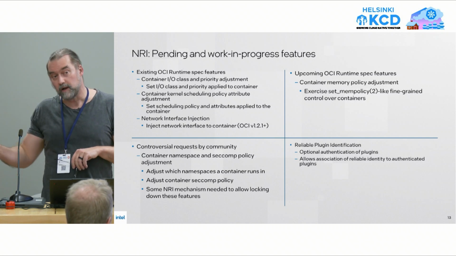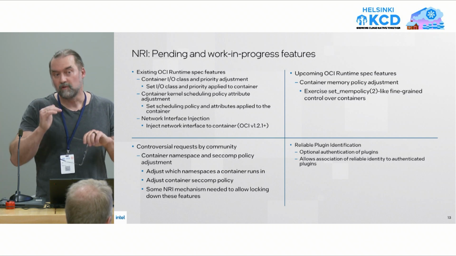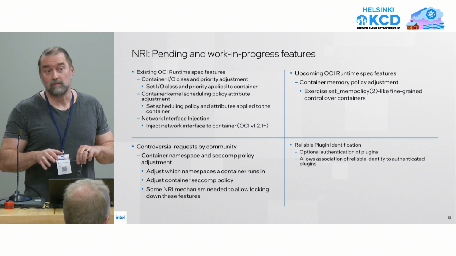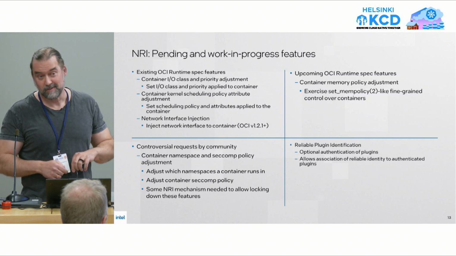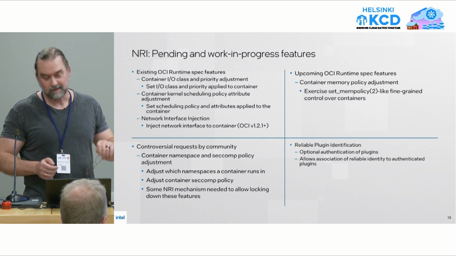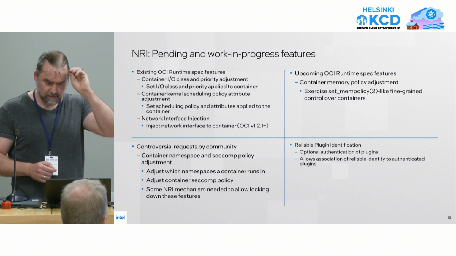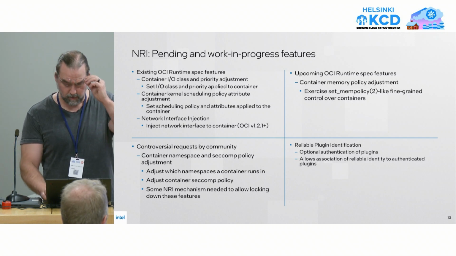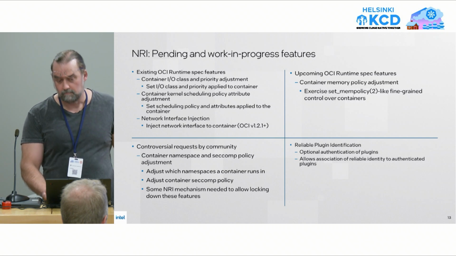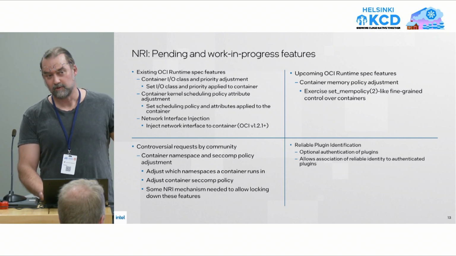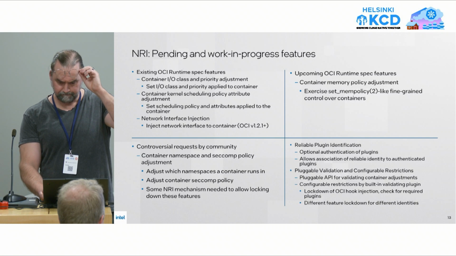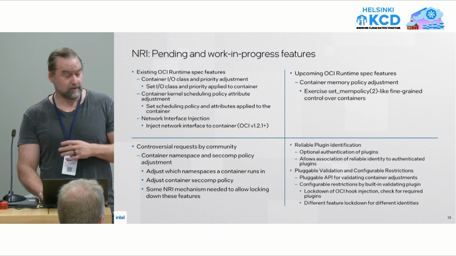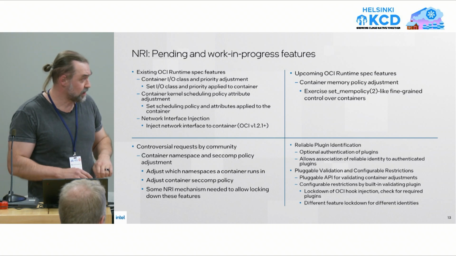And then some other plugins which are not yours could have some of the features enabled that you do not consider so dangerous in the cluster, but you can lock down others, for instance seccomp filter adjustment, which you might consider not something that you would trust people to do in your cluster. Basically, NRI is about your cluster, your rules, so you are supposed to be able to do these things. And this pluggable validation and configurable restrictions is the mechanism that we are adding.